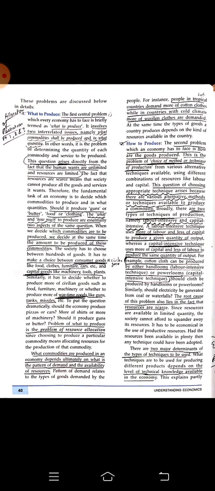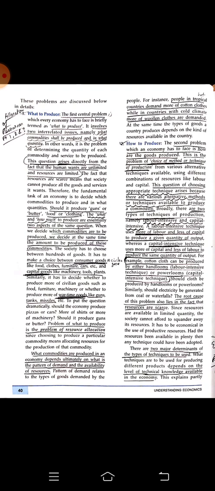One is the labor intensive technique, the other is the capital intensive technique. A labor intensive technique uses more labor and less capital to produce a given quantity of output, whereas a capital intensive technique uses more capital and less labor. Let us take an example.